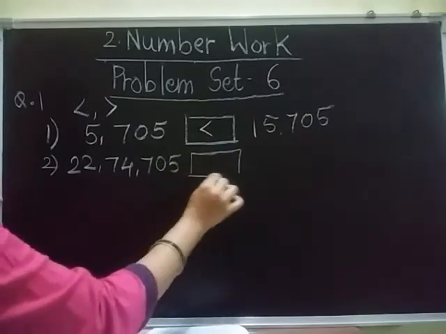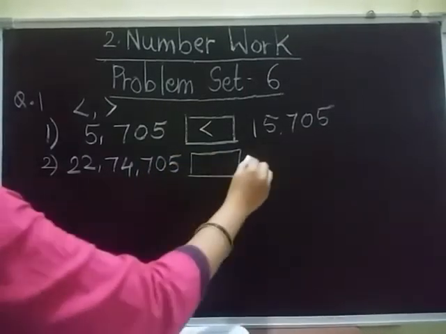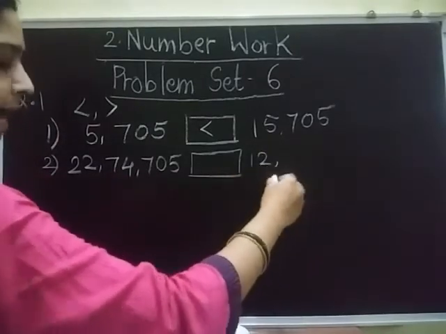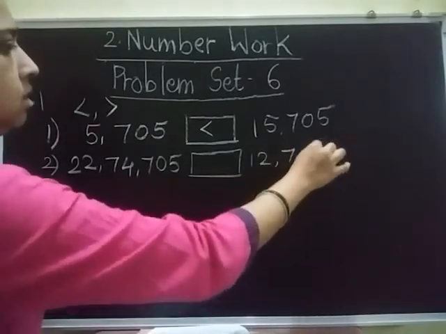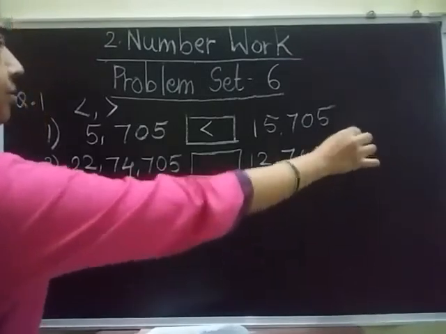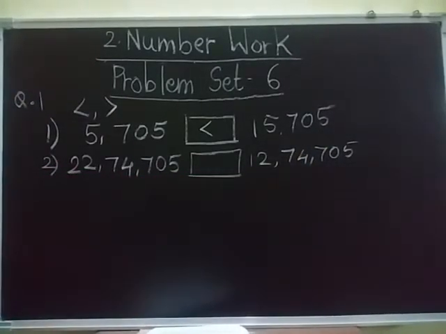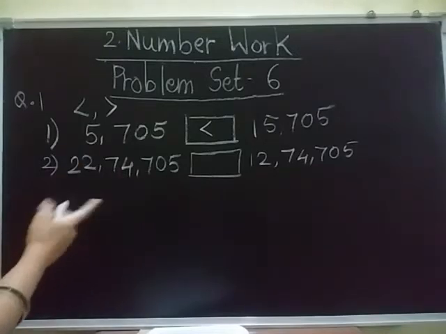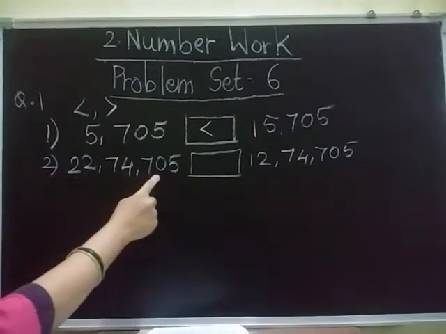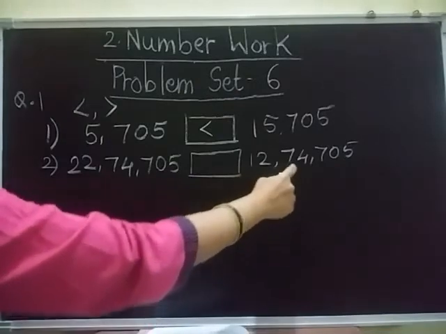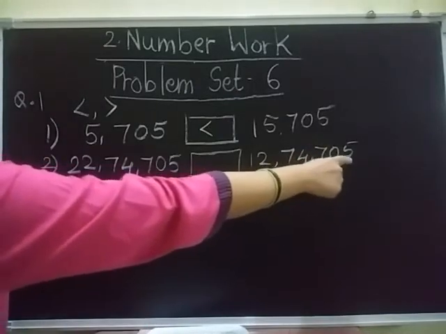22,74,705 and the second number is given 12,74,705. Okay, so now here as per our first rule, we will count the digits: 1, 2, 3, 4, 5, 6 and 7. 1, 2, 3, 4, 5, 6 and 7.